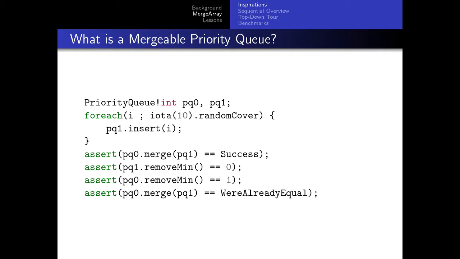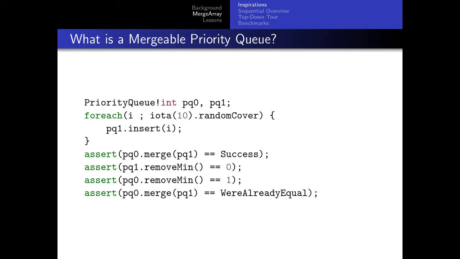If you try to merge two references that actually point to the same priority queue, then the merge will give you a different value, to show that it failed because they were already equal. So basically merge is taking all the values in this priority queue, putting them together, and then making both point at that same data structure.